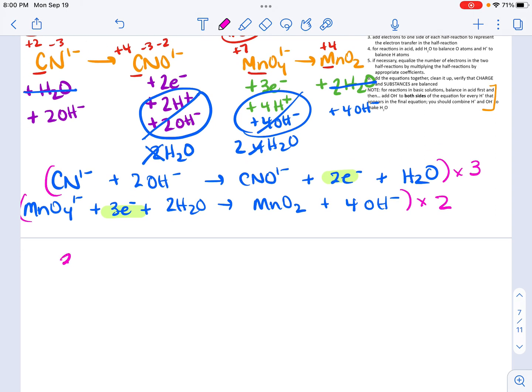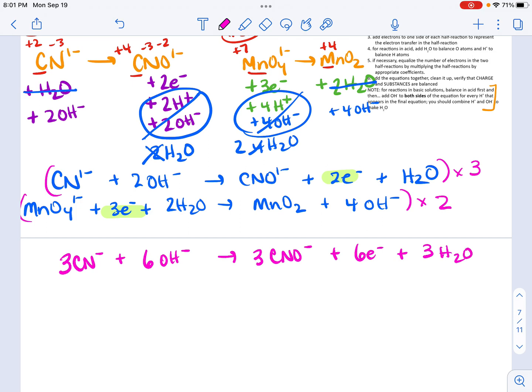That gives me 3 CN minus plus 2 OH minus, plus 2 times 3, or 6 OH minus, and 3 CNO minuses, and 6 electrons, and 3 water.